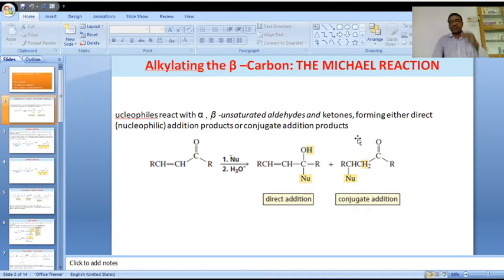How this reaction proceeds, I will show in the mechanism part, with suitable examples. Here for the nucleophile we are just using the symbol Nu. Instead of that, we can discuss a suitable example.